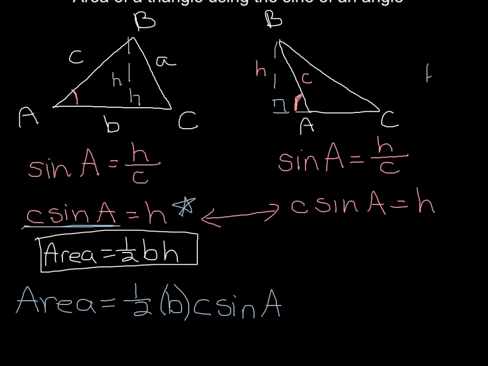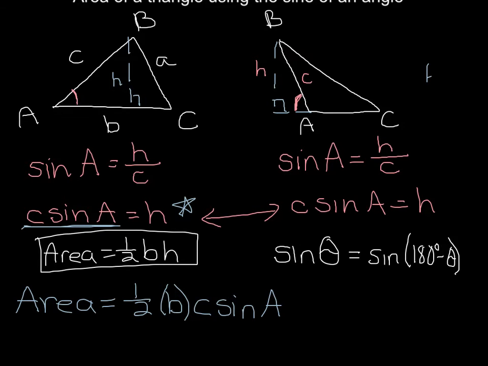Another thing that we're going to have to remember as we try to solve some triangles is that the sine of an angle, let's call it the sine of theta, is equal to the sine of its supplementary angle, 180 degrees minus theta. So the sine of an acute angle is also equal to the sine of its supplementary angle.